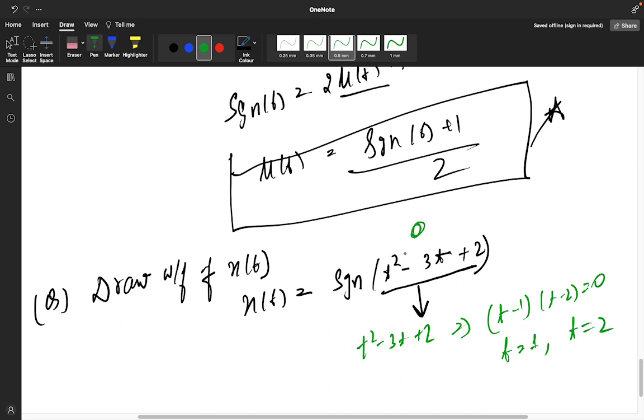This is the root of the equation t square minus 3t plus 2. I am not talking about the signum function, I am just talking about t square minus 3t plus 2. Two roots we got.